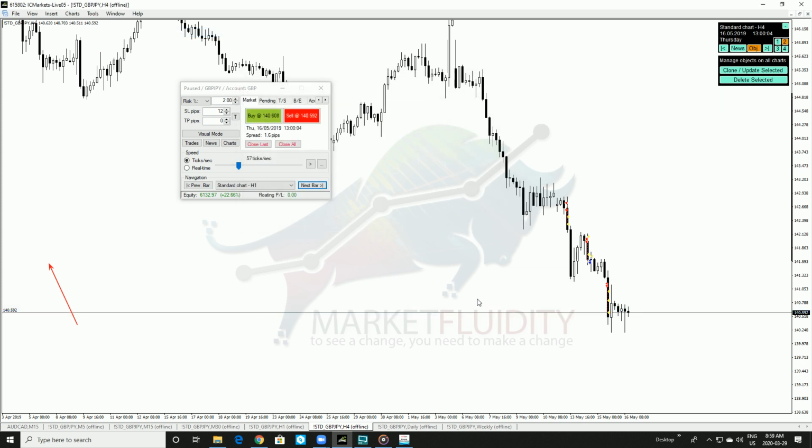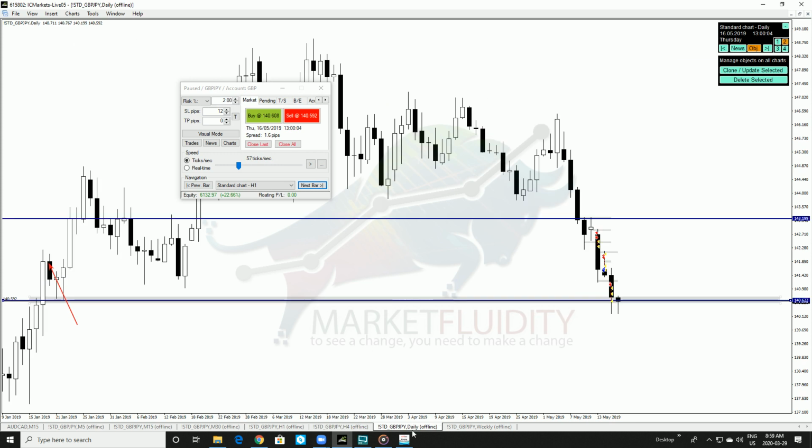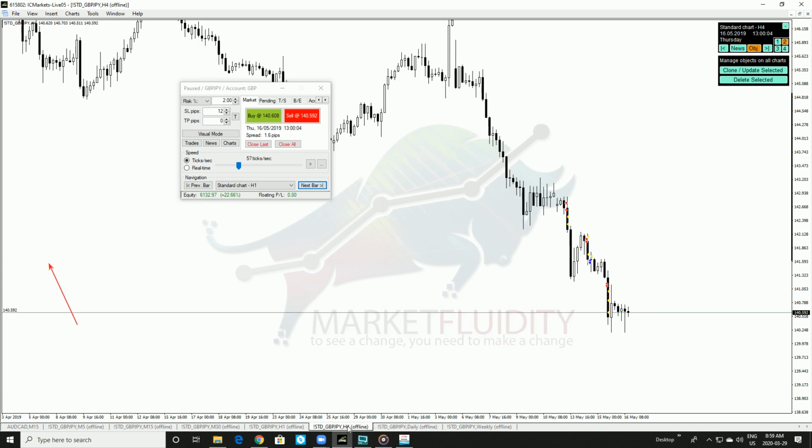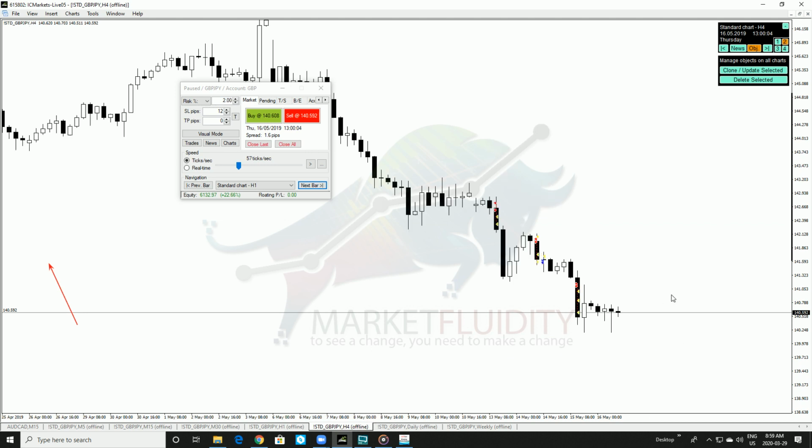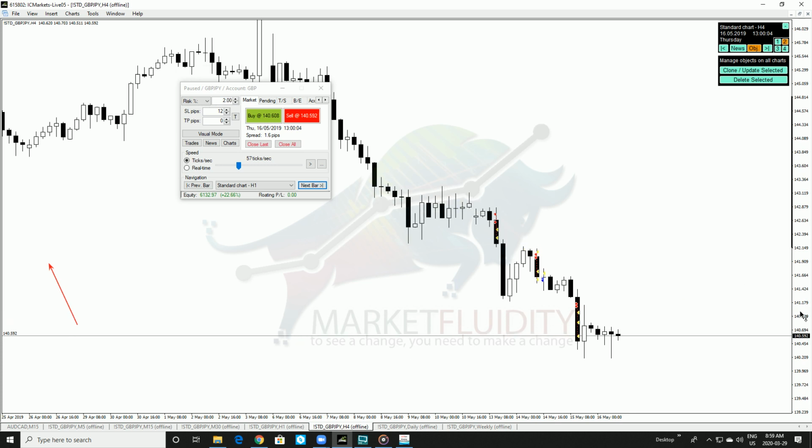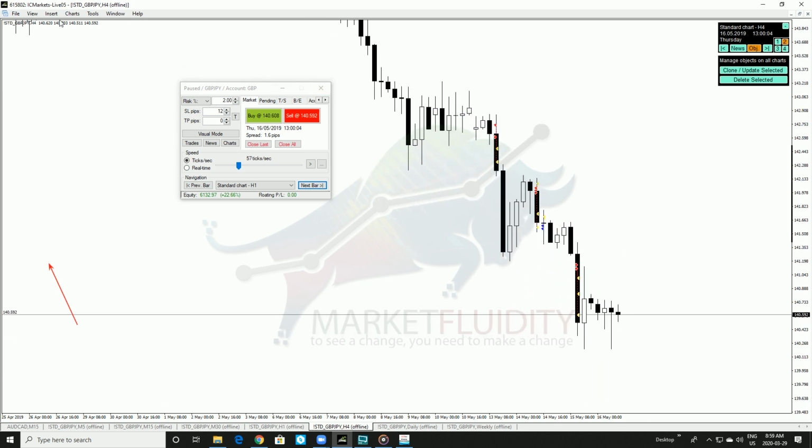Perfect. Starting with the daily, we've reached some sort of support here. And what's going on now on the 4-hour is that we might be creating some sort of consolidation area. So what we have on the 4-hour is basically a support and probably a resistance.